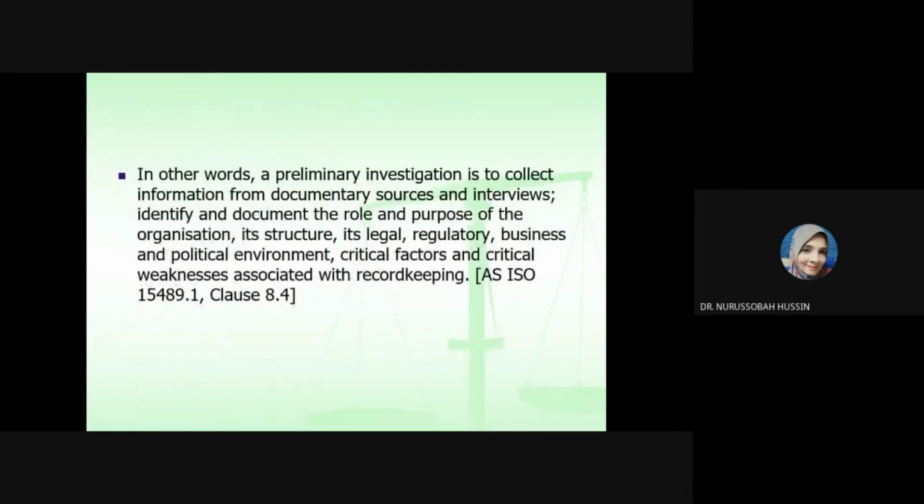So as a conclusion, a preliminary investigation is to collect information from documentary sources, interviews, or observation, then identify and document the role and purpose of the organization, its structures, its legal, regulatory, business and political environment, critical factors and critical weaknesses associated with record keeping.